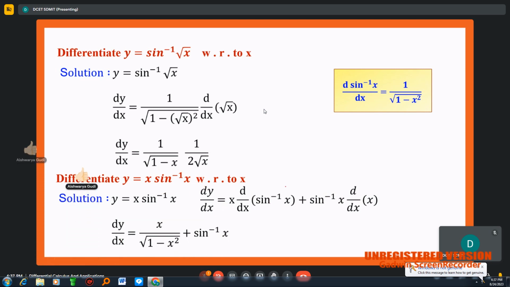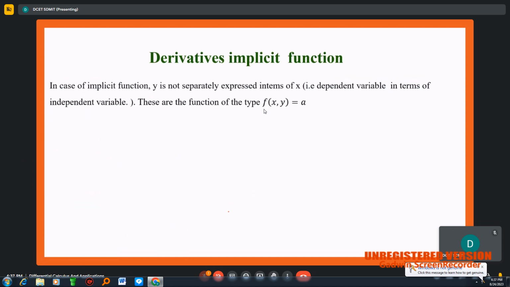Followed? Okay. Next concept is derivatives of implicit functions. Now, a derivative of an implicit function means y is not separately expressed in terms of x. In an implicit function, y is not separately expressed in terms of x.